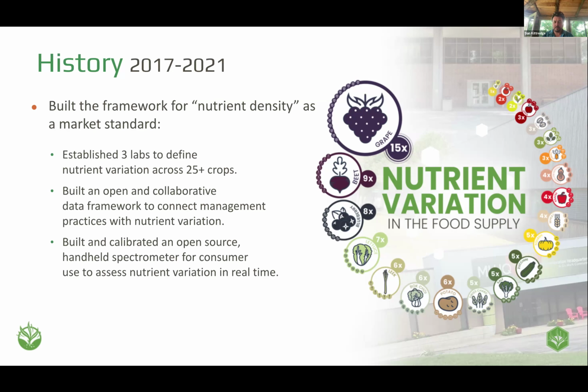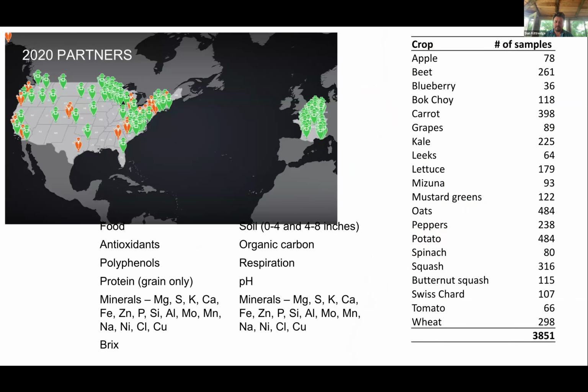So next slide. This is an example of the data we collected in 2020, which is one of those many years. You can see on the right the number of samples and the number of crops that were assessed in that one year. Every green icon is a farm that was sending in crops in triplicate with soils in triplicate at multiple depths, and as well answering a number of management questions.